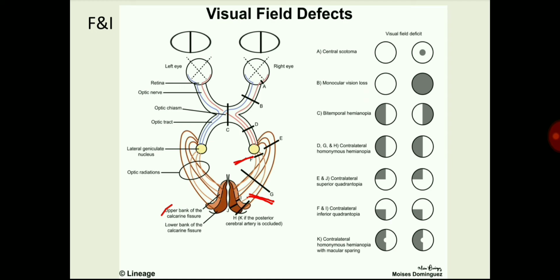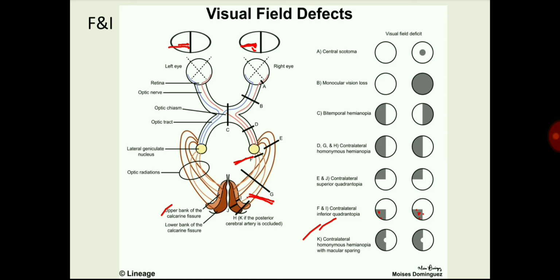So destruction of the upper bank of the calcarine sulcus of one side will produce a visual loss in the lower quadrant of the opposite field of vision. So look at this image. It will produce contralateral inferior quadrantic anopia. So here you can see this contralateral inferior quadrantic anopia.